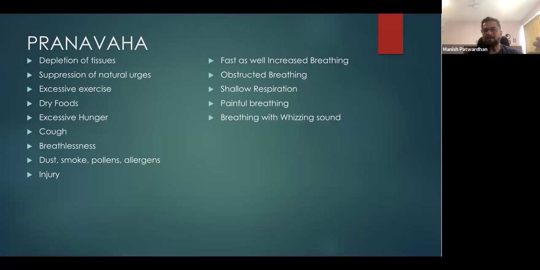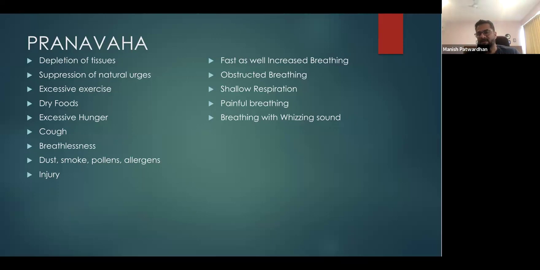Now, why basically a vata aggravation? Like for example, another example, excessive exercise. What dosha aggravation takes place with excessive exercise? What is excessive exercise in the first place? Beyond your capacity, more than your capacity, more than your strength.